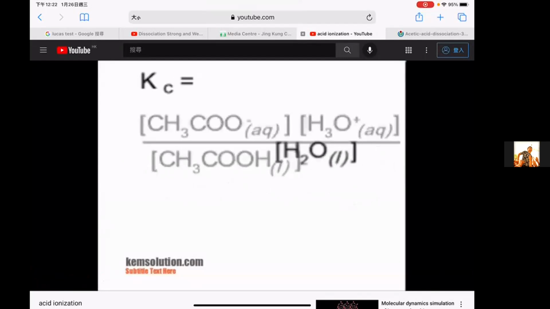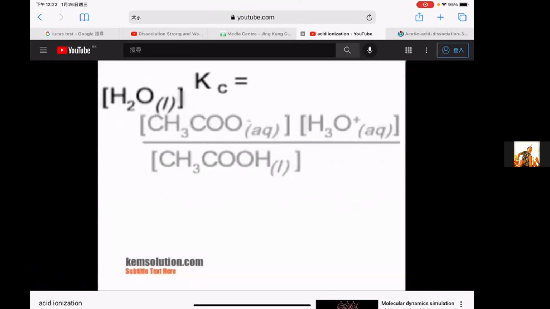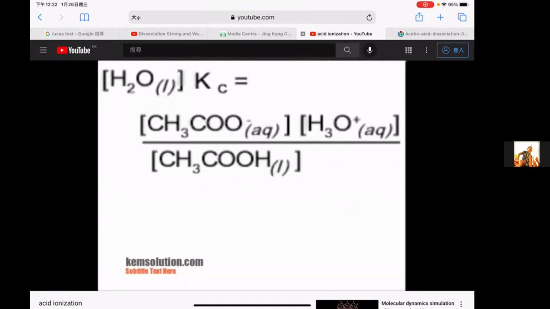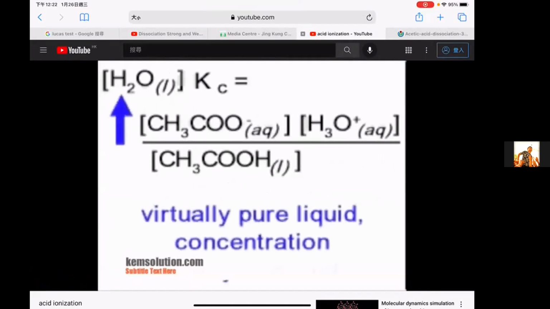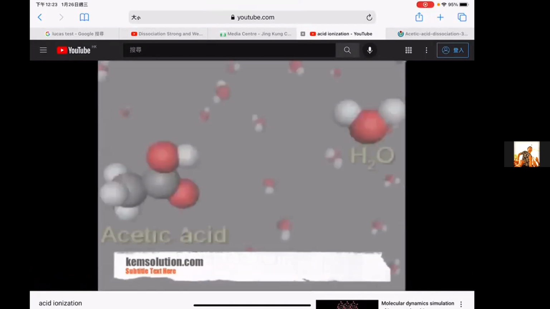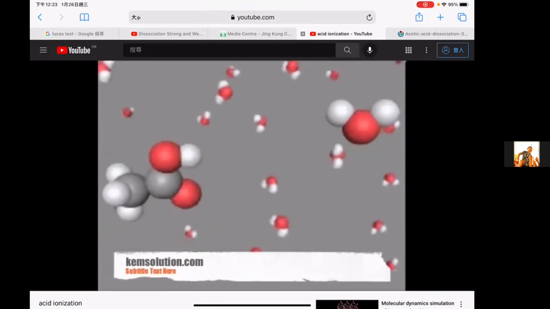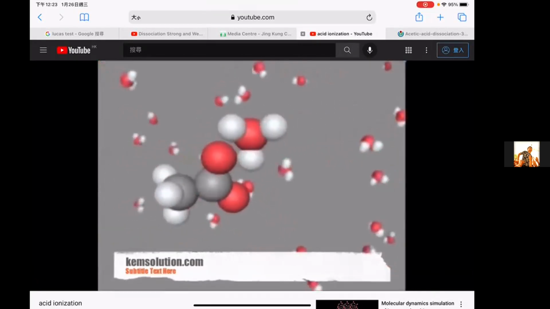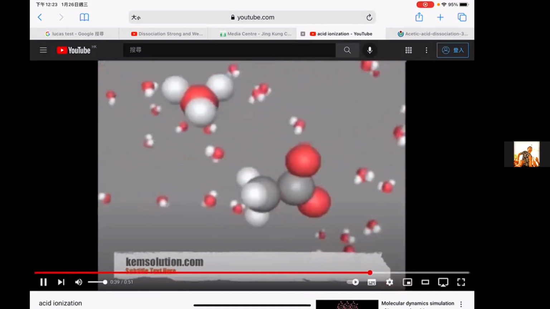Because of the small degree of ionization and because water is nearly a pure liquid, we rearrange the equilibrium constant expression. If we now remove water from both the chemical and equilibrium equations, we get the acid ionization constant for water. The Ka for acetic acid is 1.7 times 10 to the minus 5. The animation sequence shows acetic acid reacting with water to form hydronium and acetate ion.